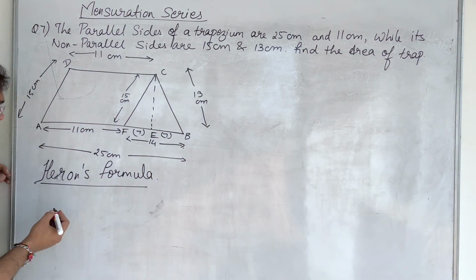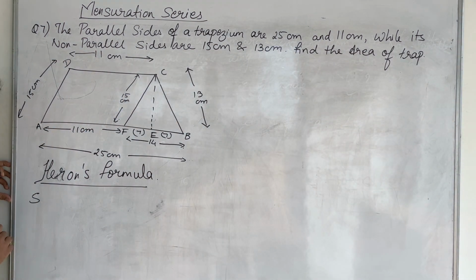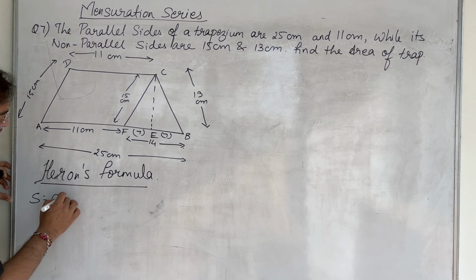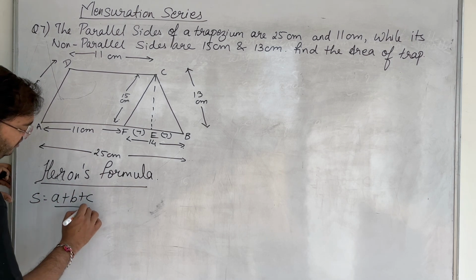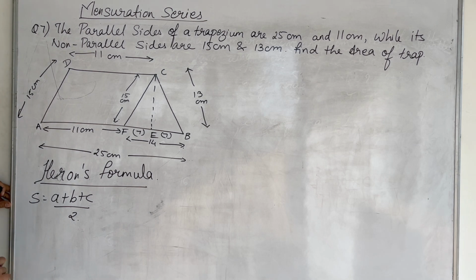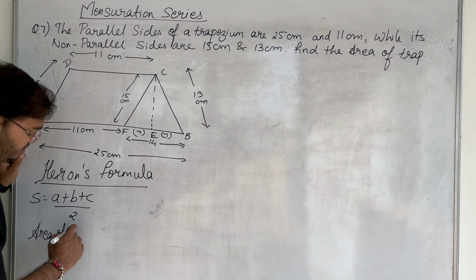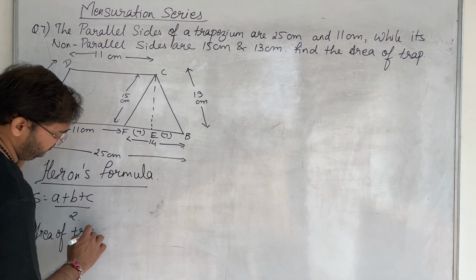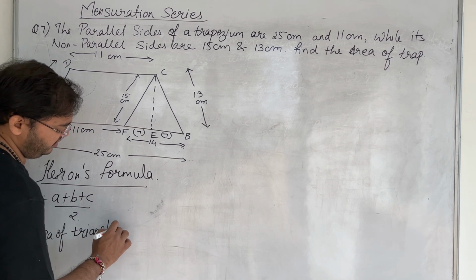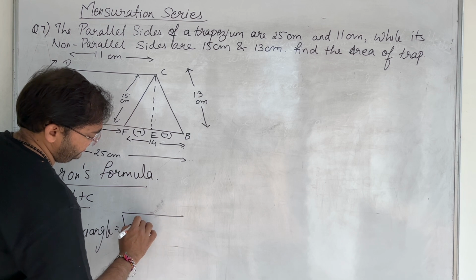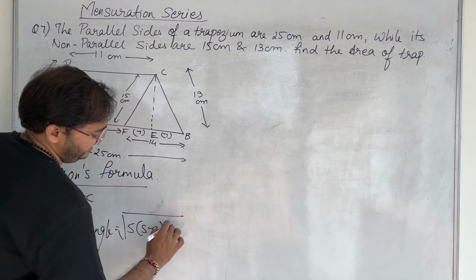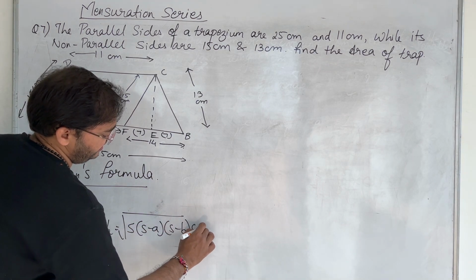Heron's formula is: S equals A plus B plus C upon 2, and the area of triangle equals square root of S into S minus A, S minus B and S minus C.